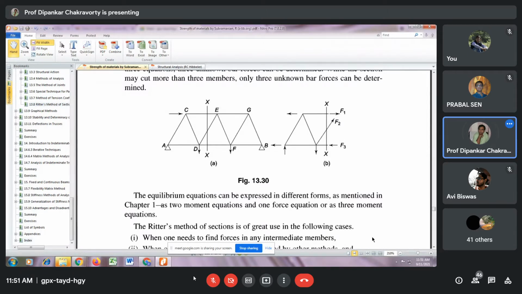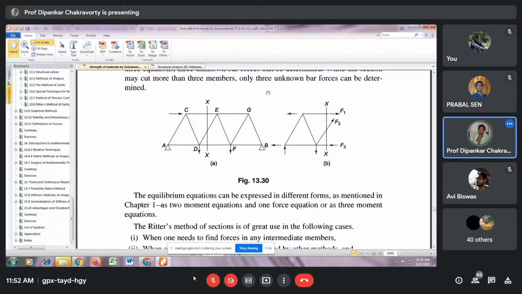See, if you want to get member forces in CE, DE and DF, then the section X has been passed, which is cutting all the three members. Now, when you pass a section, you cannot cut more than three members because that will not be of any use.